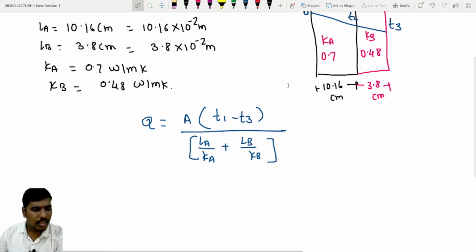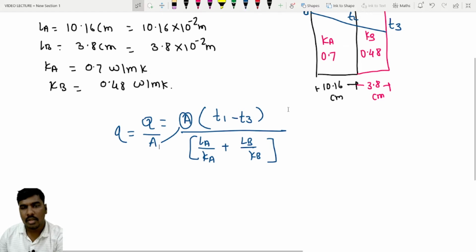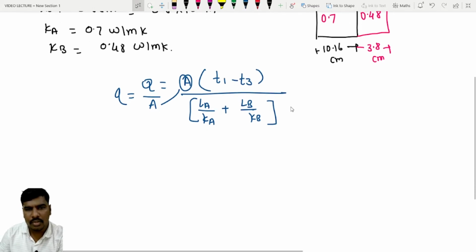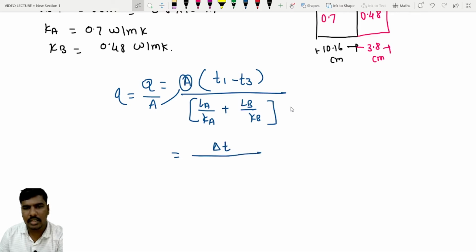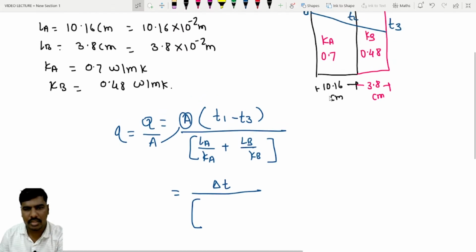So here area is not given, so we are taking the unit area, Q by A, that is equal to small q. Now here temperature is also not given, so we will consider the temperature difference, delta T, and La upon Ka. Here La is the thickness of the wall, 10.16 centimeter.